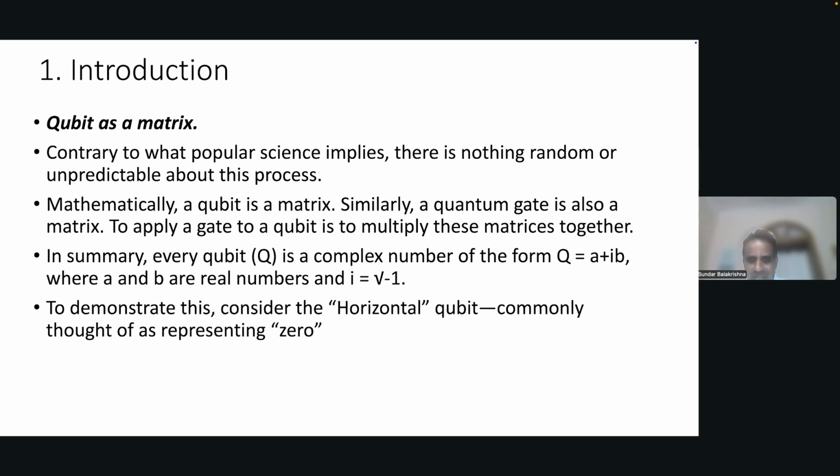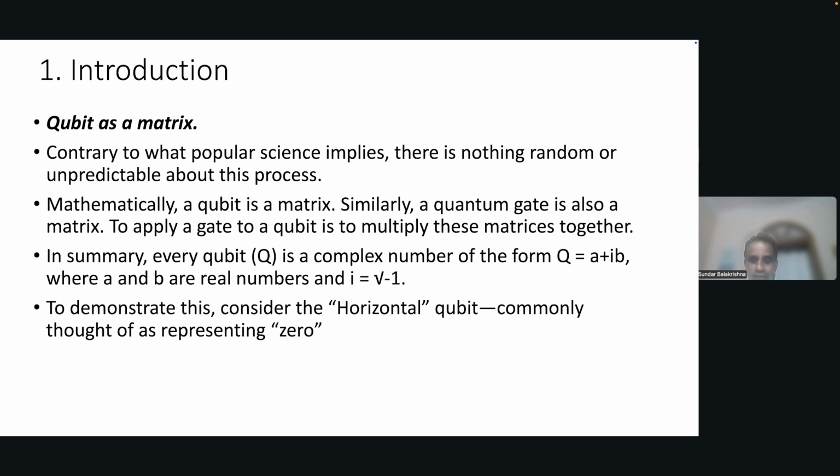Contrary to what popular science implies, there is nothing random or unpredictable about this process. Mathematically, a qubit is a matrix. As I already said, a qubit exists in the form of a complex number, a plus ib. I have been listening to the talks since the morning, and one way or the other, we are all dealing with classical machines, classical computing, bits and zeros.